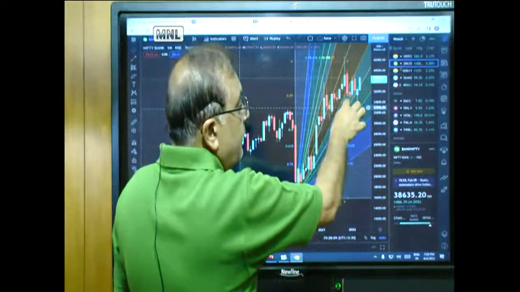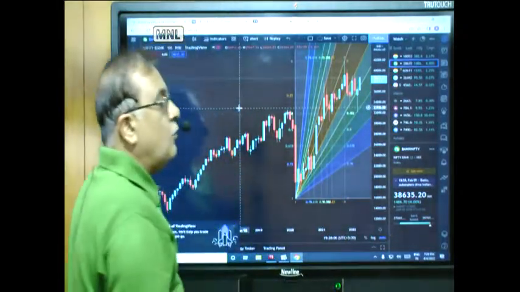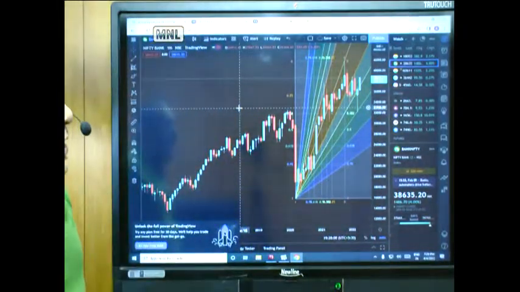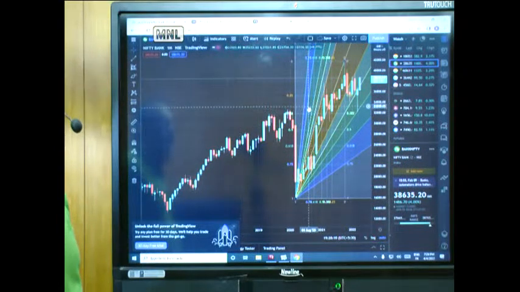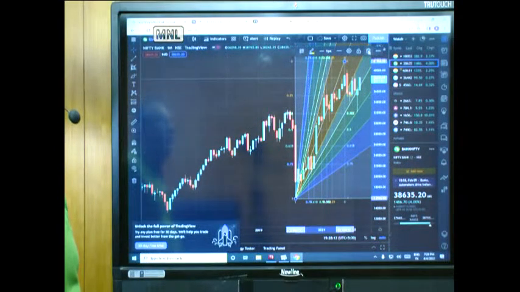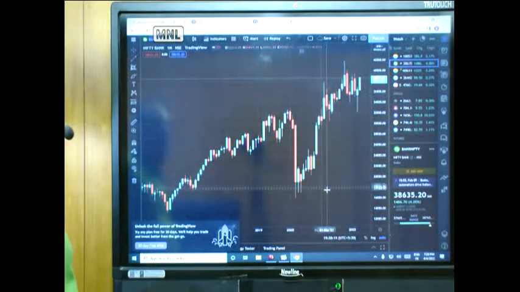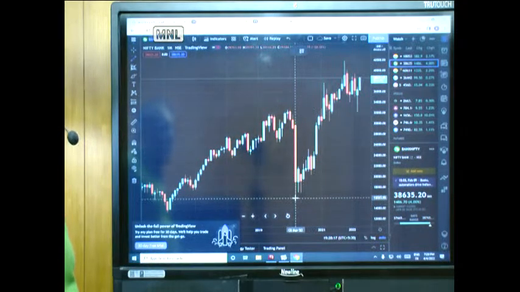Then once it started to break that, it dipped to this particular level. So very clearly we could have known from this line itself. See, we could have been prepared.